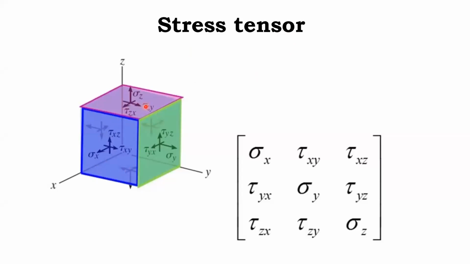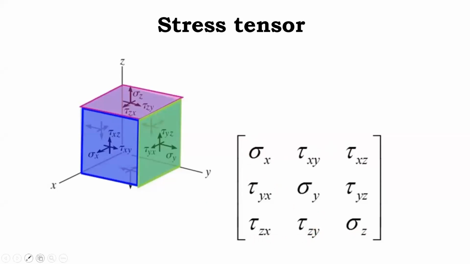Okay. So totally, on the first plane, we have sigma x, tau xy, and tau xz. On the second plane, we have tau yx, sigma y, and tau yz. And on the third plane, we have tau zx, tau zy, and sigma z. So out of this, these diagonal elements are normal stresses, and all the other six elements are shear stresses.